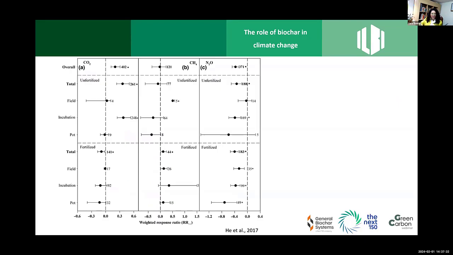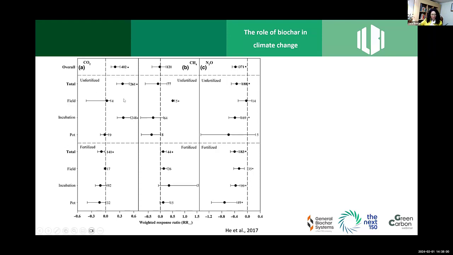And what's happening when we add biochar in the soil in terms of climate change mitigation? What is the effect of biochar in order to reduce CO2, methane, and N2O? Here we have results from field, incubation, and pot experiments in unfertilized and fertilized soil.